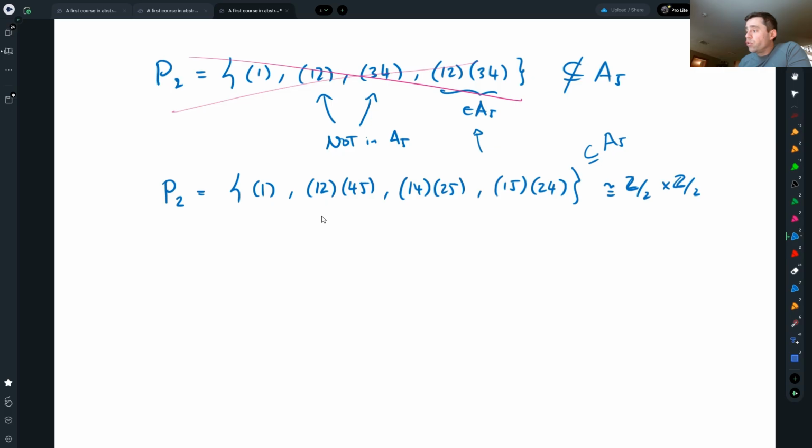What I can do is, you see, this has 4 numbers and all the possible permutations. This one has 1 with 2, 1 with 4, 1 with 5, and this one has 2 with 1, 2 with 5, 2 with 4. So it turns out that all the permutations of 1, 2, 3, 4, and 5 are somehow represented in here.